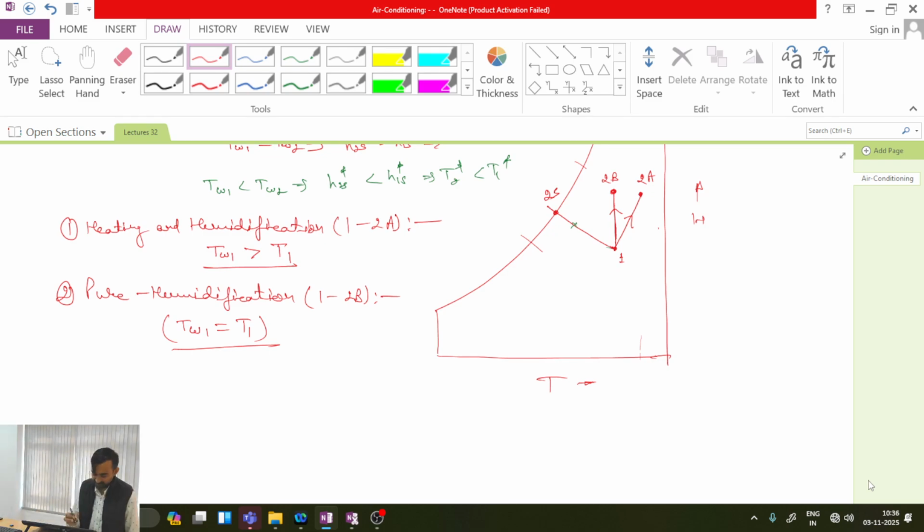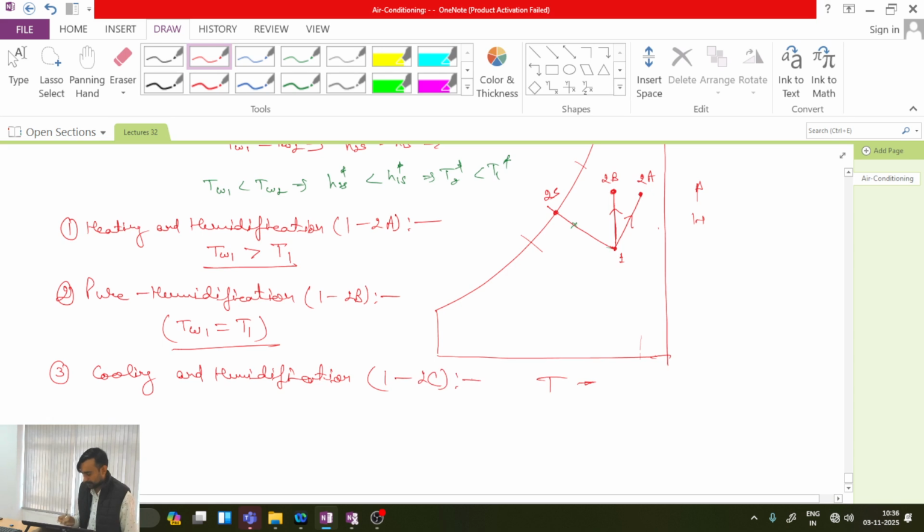The next process, cooling and humidification, 1 to 2c.